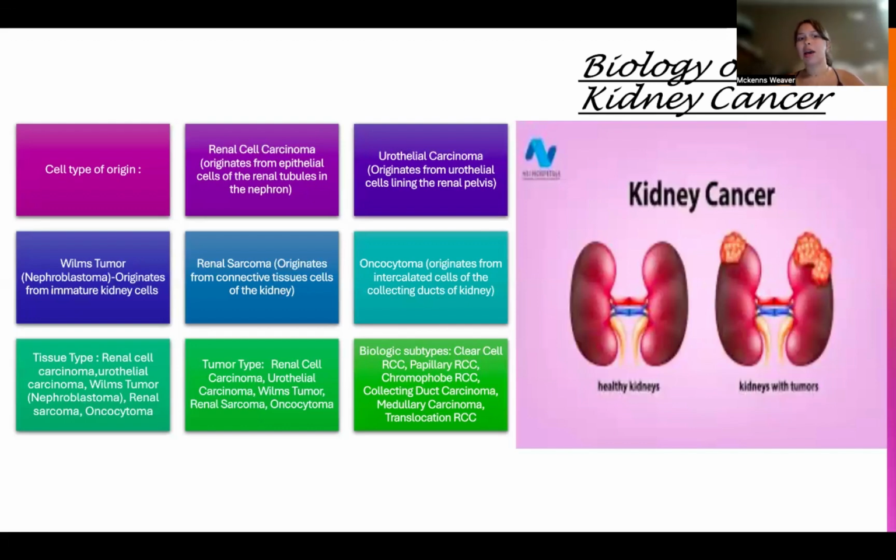As you can see, the cell type of origin is also about the same for tissue types and tumor types. For the subtypes, though, we have clear cell, papillary, chromophobe, collecting duct sarcomas, medullary sarcomas, and then translocation.